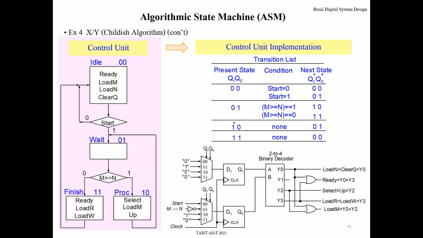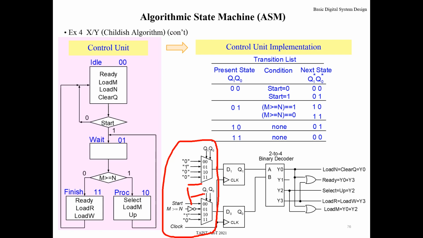At state 1 0, when Q1 is 1, Q0 is 0, go to the state where Q0 is 1, so you apply 1 here. And for state 1 1, the next value of Q0 star is 0, so you apply 0 here. Now you complete circuit F.